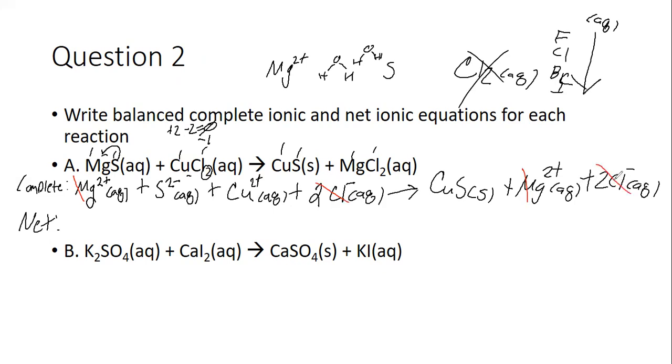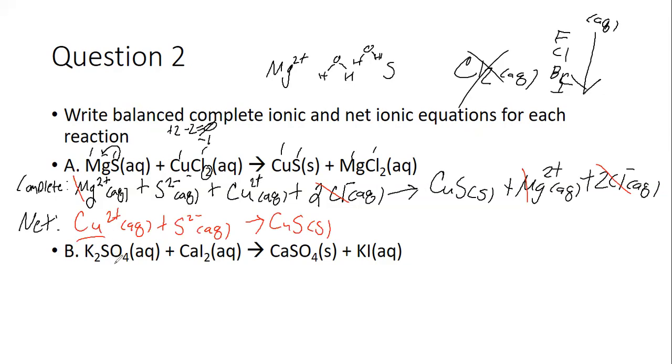They cancel out. So my net equation is copper 2 plus, aqueous, plus sulfur 2 minus, aqueous, makes copper sulfide solid.